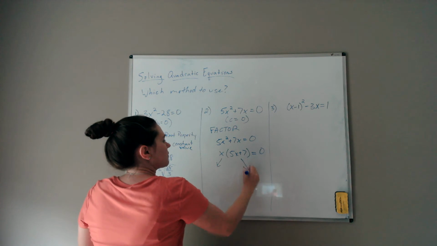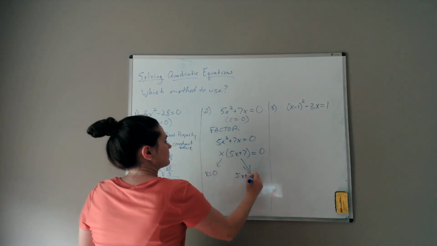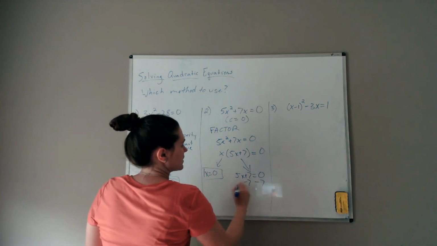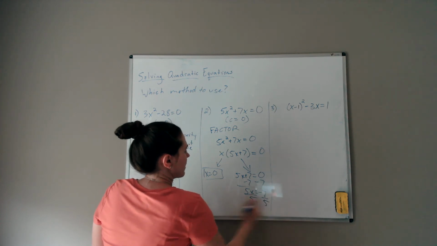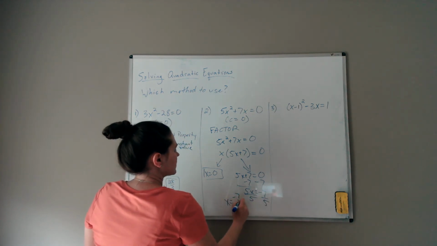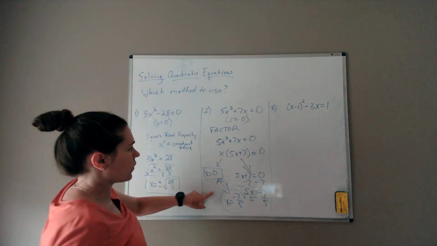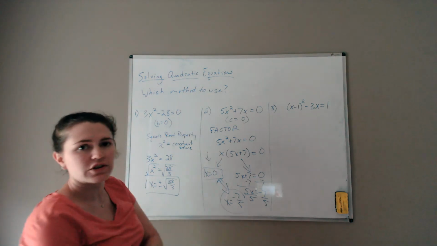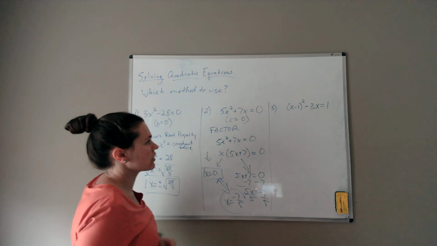Set each linear factor equal to 0. One of my answers is 0, and then I take away 7 on both sides. I get 5x equals negative 7. I divide by 5, and I get x equals negative 7/5. So those are my 2 answers. Whenever you're solving a quadratic, if c equals 0, one of your solutions will always be x equals 0. You get your 2 solutions here.